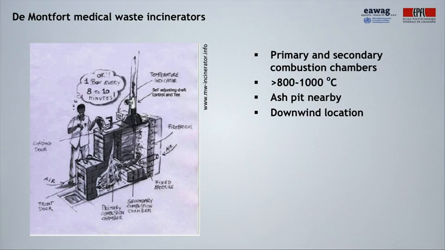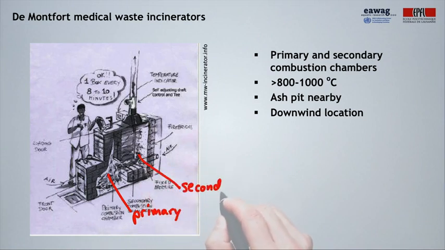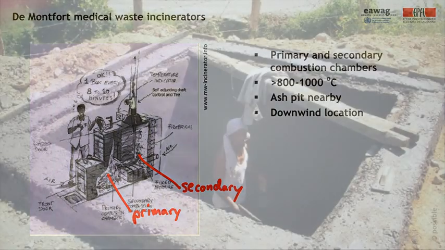What is particularly interesting is that it has a primary and a secondary combustion chamber, which allows temperatures to reach higher than 800 degrees, up to 1,000. Typically, we have an ash pit nearby, but because we cannot guarantee emissions through the chimney, we should make sure that we place the incinerator in a downwind location.